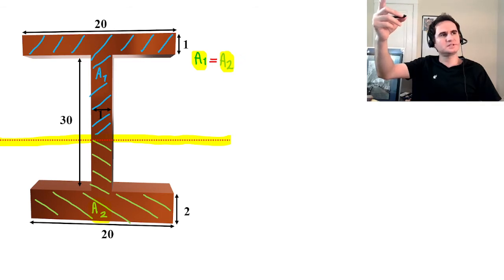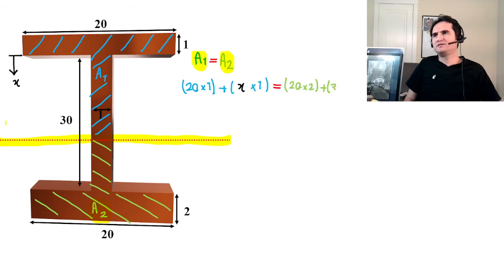The area of the top part of the section should be equal to the lower part. To do that, we consider this distance x downward. That's 20, and the dimensions are provided in centimeters, times 1 for the top flange, plus x, which I don't know yet, times the thickness of the web, which is 1 centimeter.